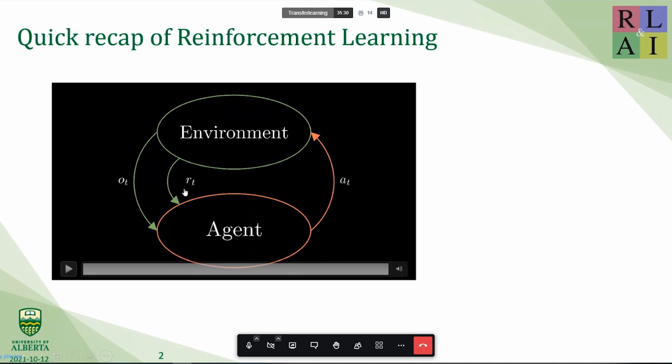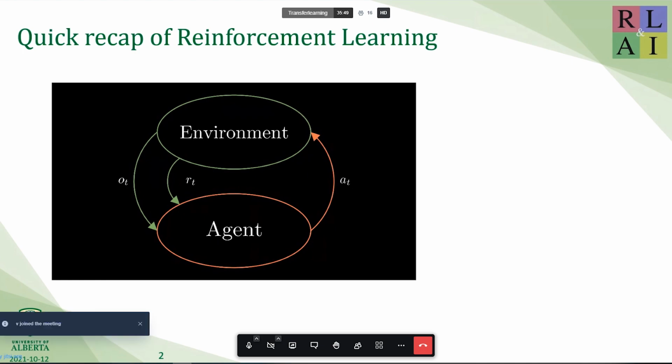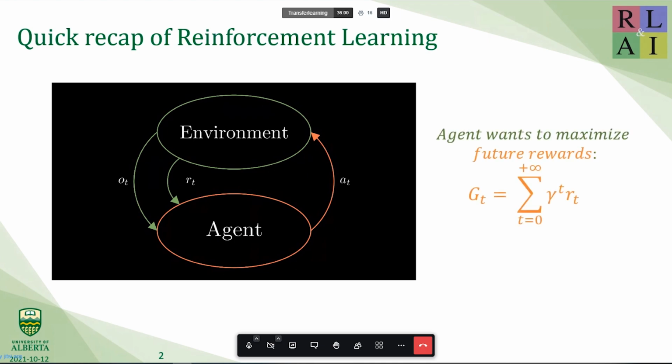You can see that there is this little R, and this little R is quite important because it's what's known as the objective of the agent. Those R's are rewards. They are rewards that are either given by the environment, like in this drawing, or given by the agent itself. It's the objective that the agent will try to optimize, but not only at the instant where it's acting, but for the future rewards.